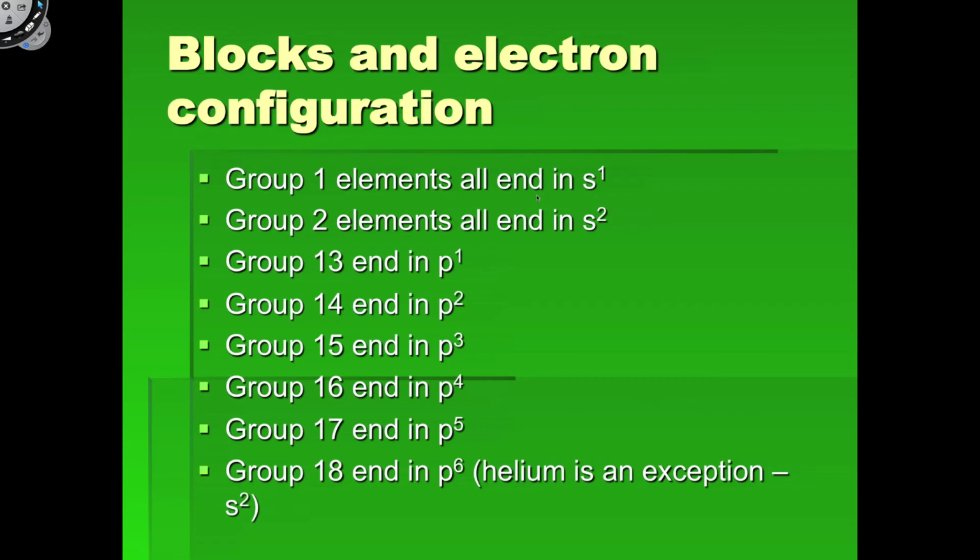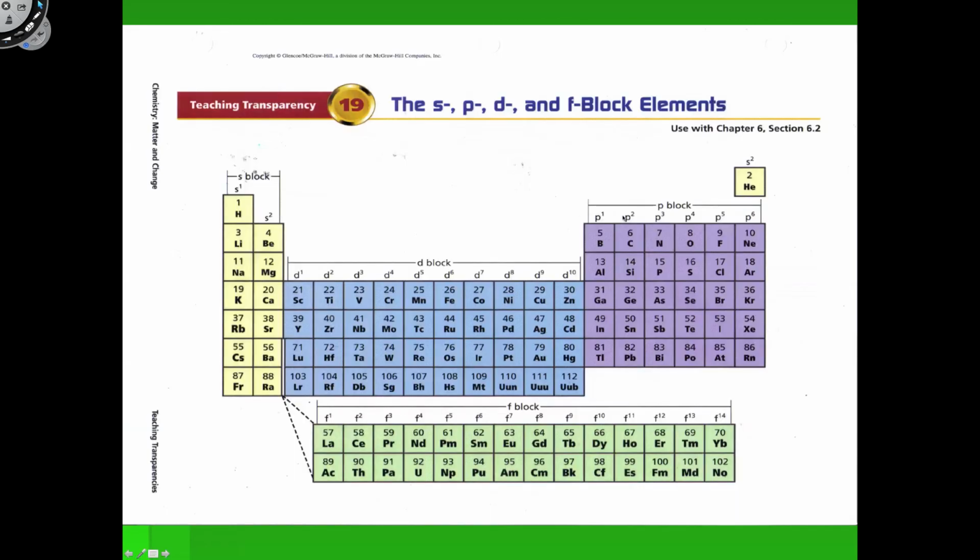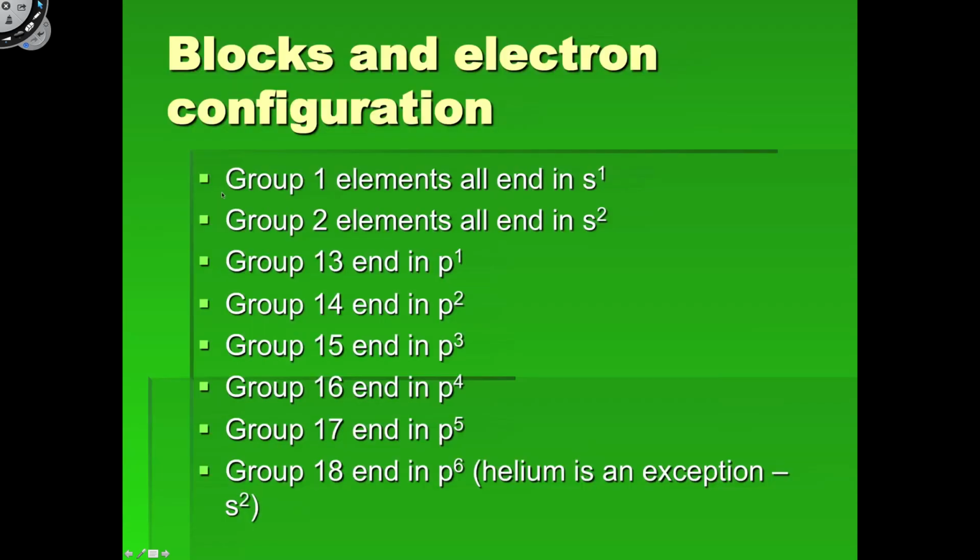It is an s2 element. All right, so hopefully that is going to help you a little bit in predicting your electron configurations. And we'll continue with part 8 later on.